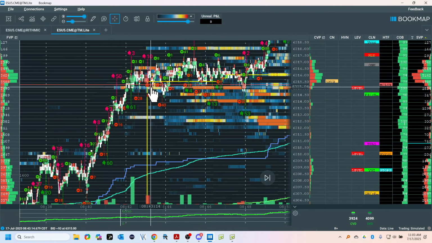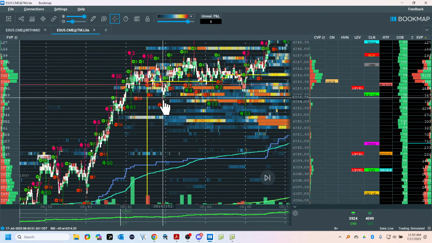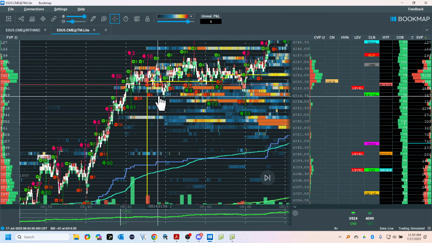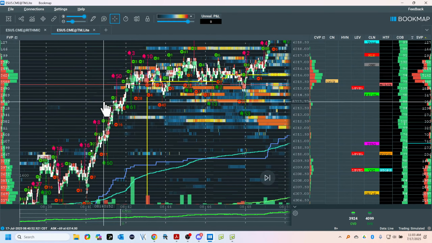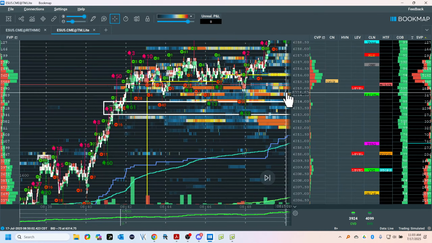You all know this. So what do we do here? If the buyers were here, which is why we did not go down, let's look at what happened here. I'm going to show you a little structure, just a little something to think about. Now this will get you going. I'm showing you something called fractals.